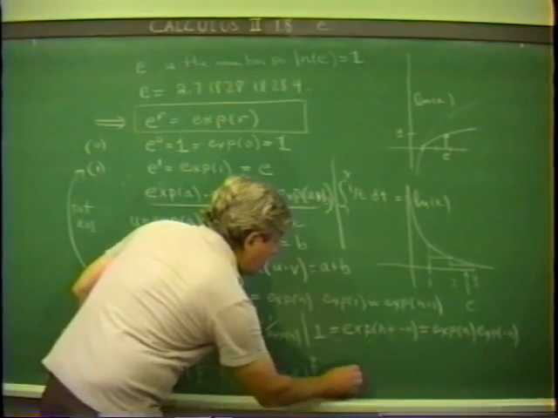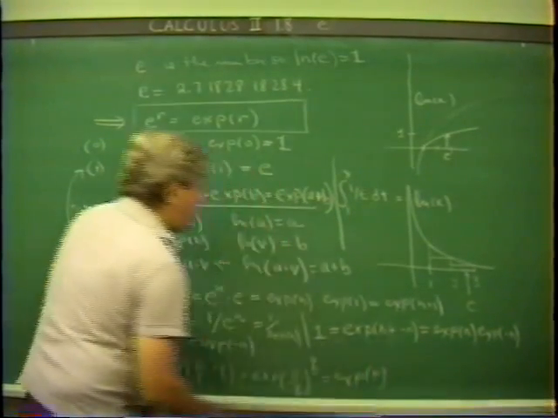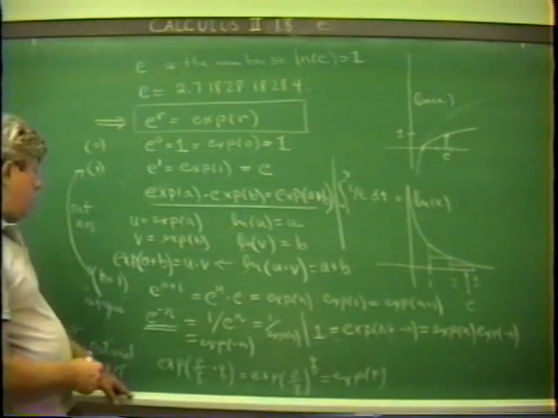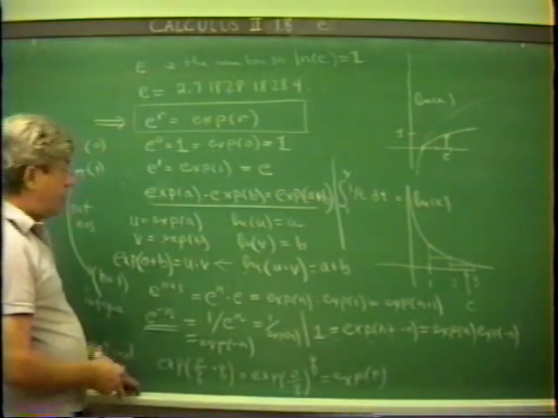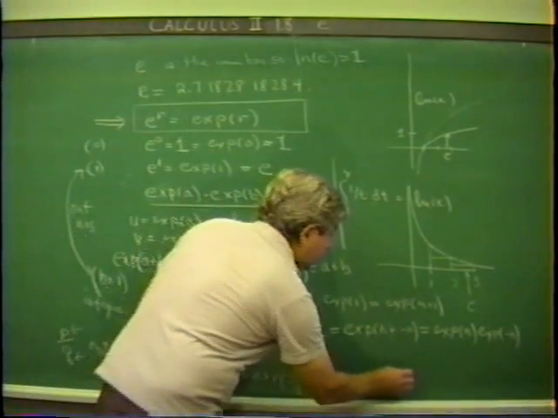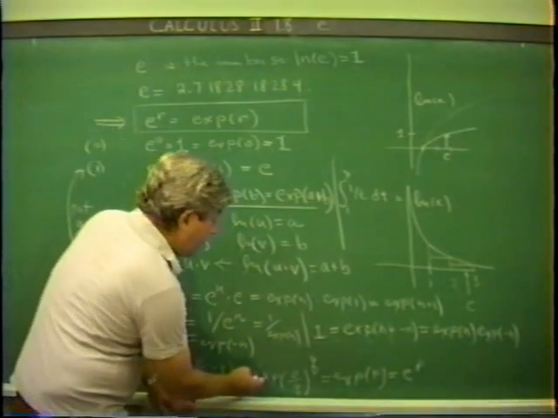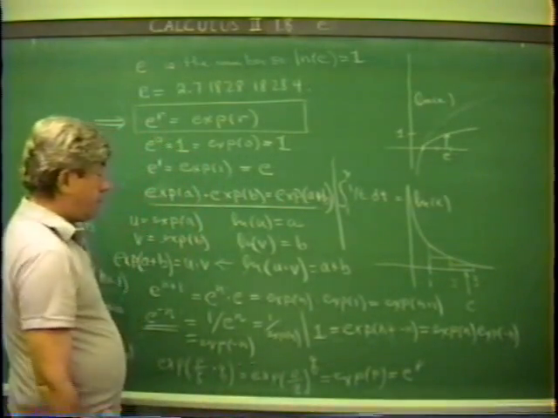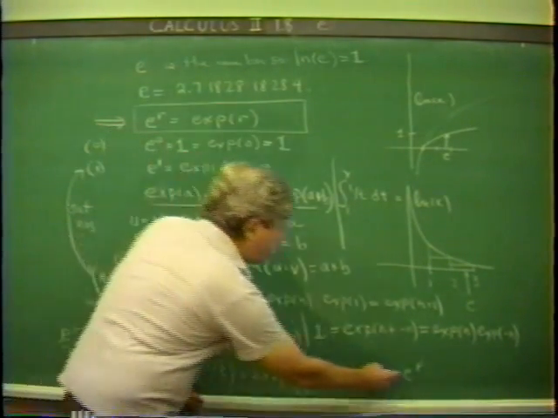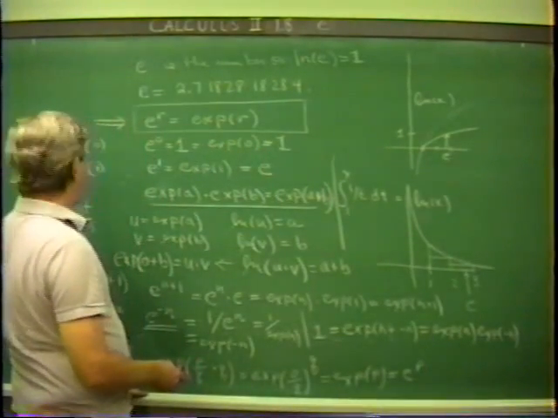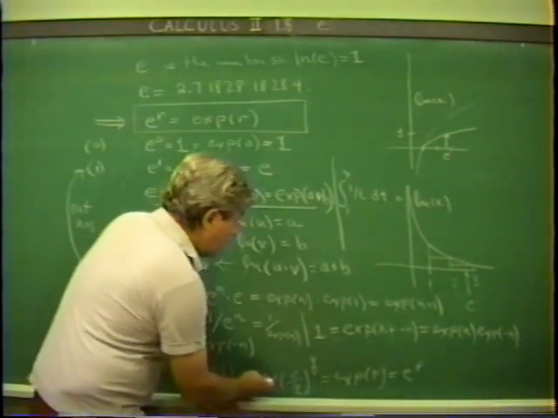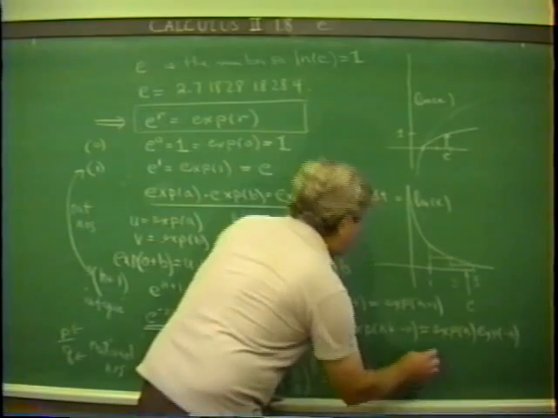But this, exponent of p over q to the q power here, is equal to exponent of p, right? P over q times q is p. Exponent of p now is e to the p. And from this we get that exponent of p over q to the qth power is e to the p.